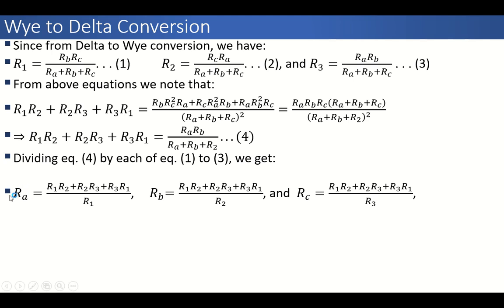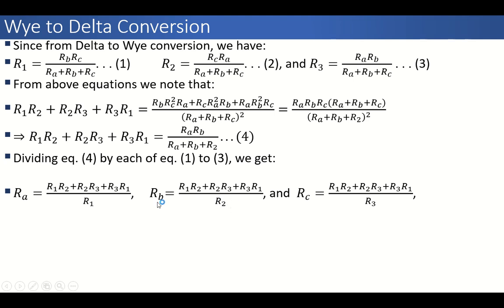If we want to compute RA, then in the numerator we have the product of the terms, that is R1 R2 plus R2 R3 plus R3 R1, and in the denominator we have R1 because we are computing RA. Similarly, the numerator here is the same, only the denominator changes, depending on the resistance.